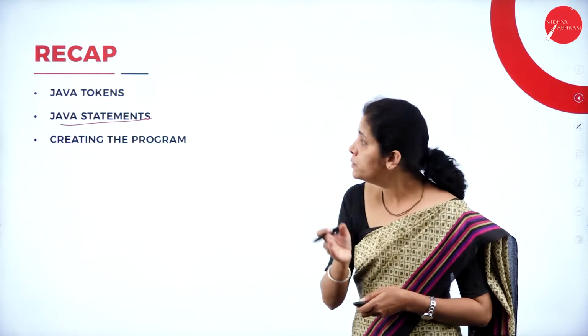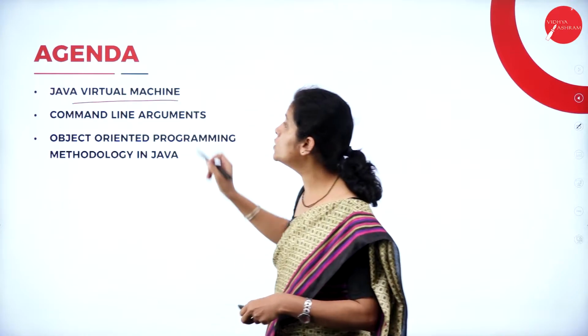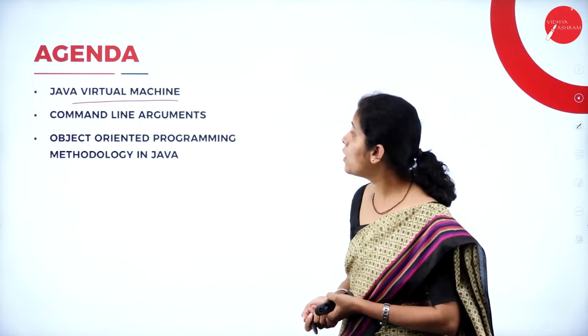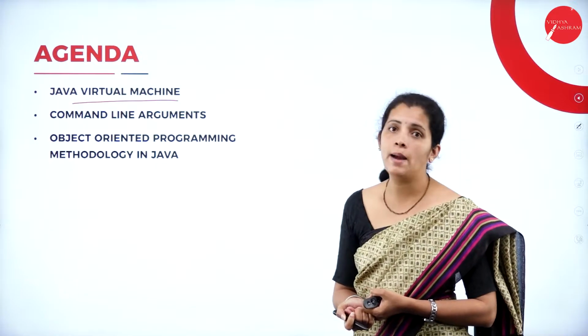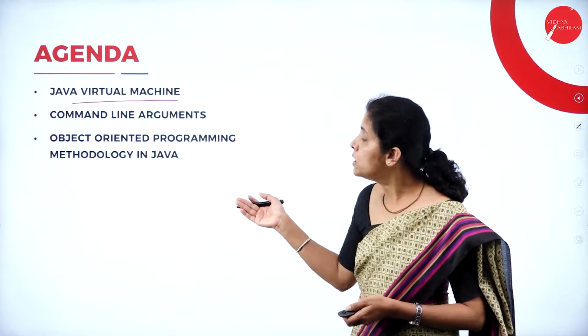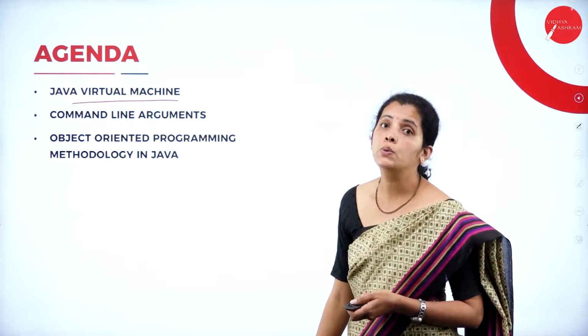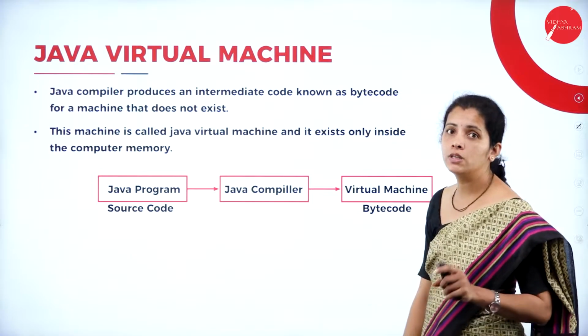But in today's session, I'm going to deal with the Java virtual machine, command line arguments, as well as the object-oriented programming methodology in Java. Now, let me start with the topic that is the Java virtual machine.